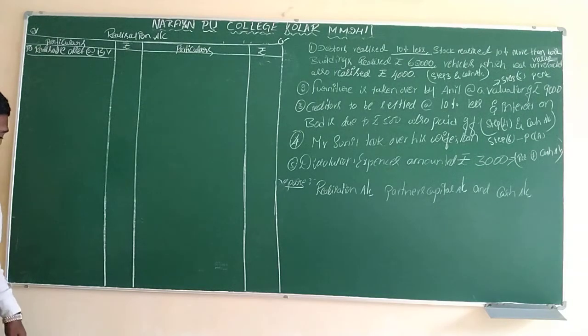Already we have to classify and divide in the previous balance sheet what assets they have given. The entire assets we have recorded, except cash.